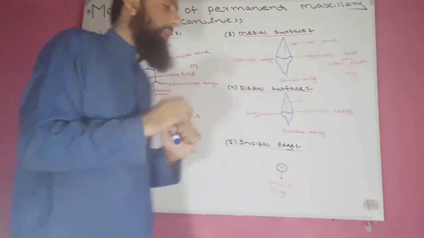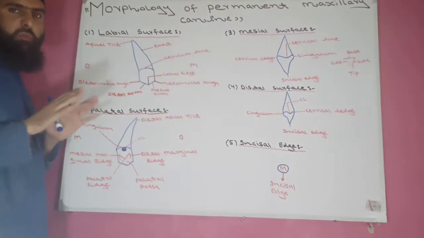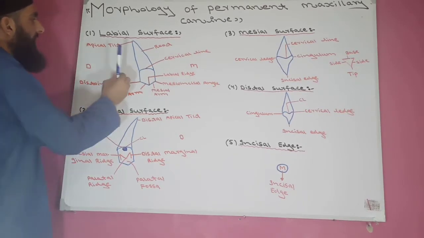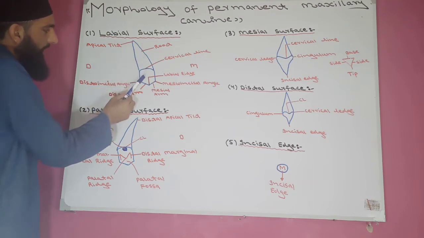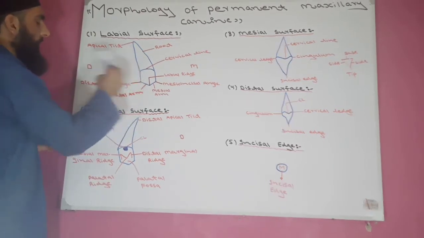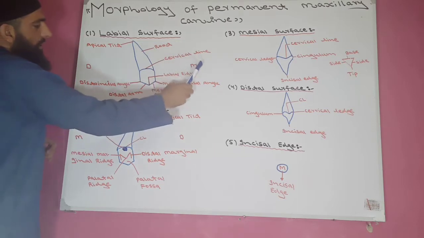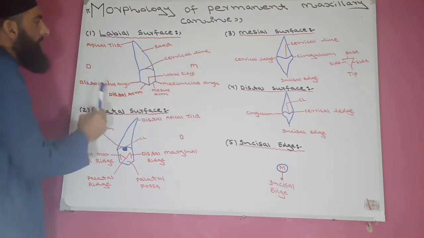Now, first is the labial surface, meaning the surface which is toward the lip. First we divide the labial surface of the tooth into root and crown. This is the distal surface of the tooth and this is the mesial surface. Now, first the root.